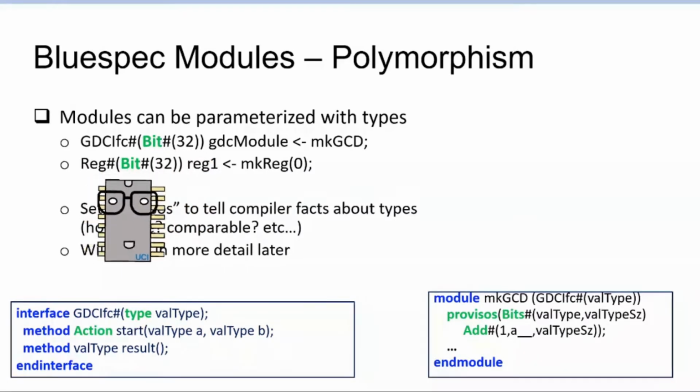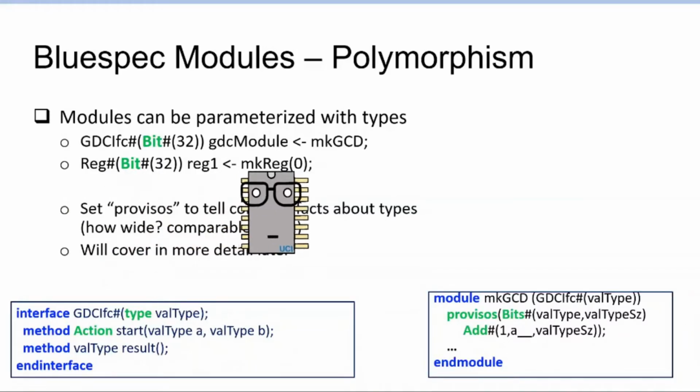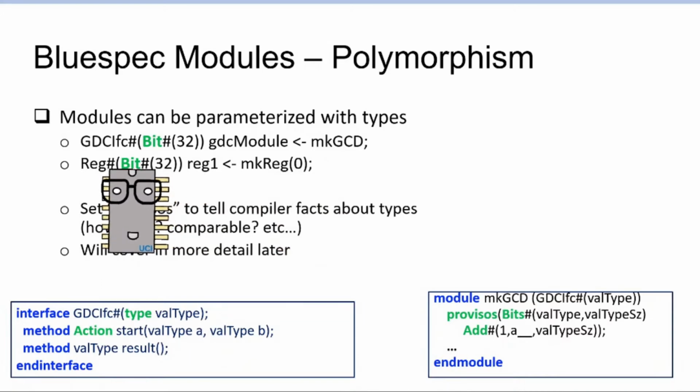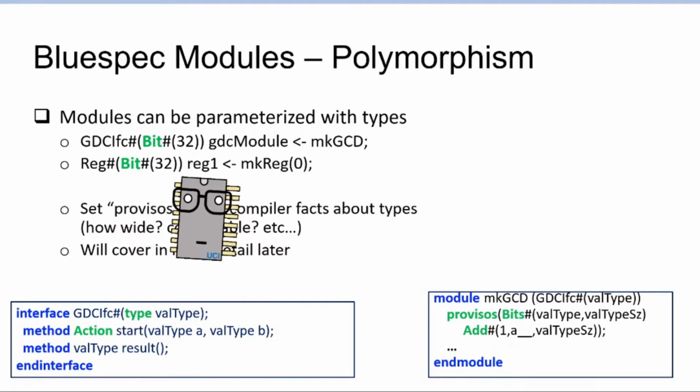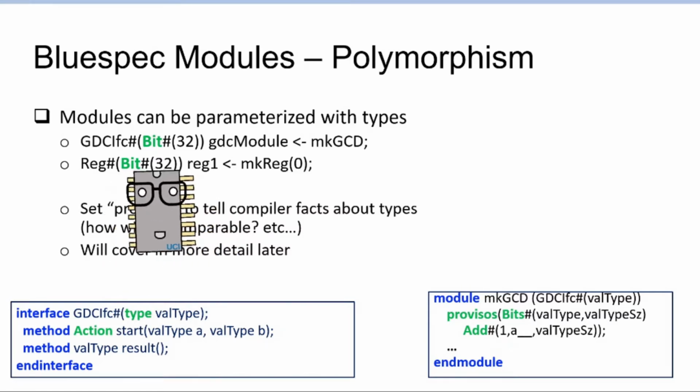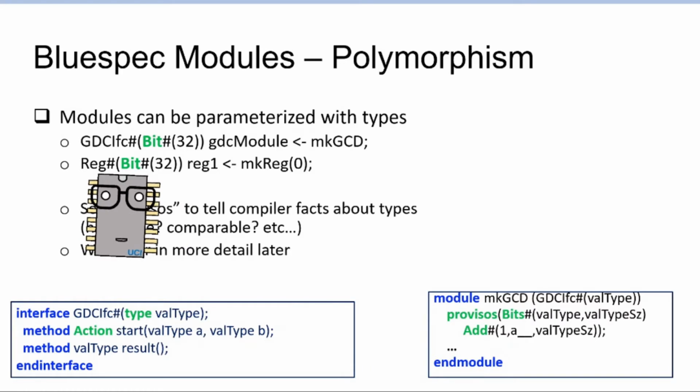So this is basically the mechanism that the register interface and the MICREG implementation is using to get input from the programmer for how many bits, for example, needs to be stored in this register. So that's basically it. This is an example of polymorphism, which is used to give parameters to these modules.